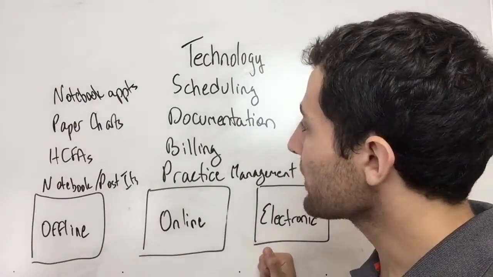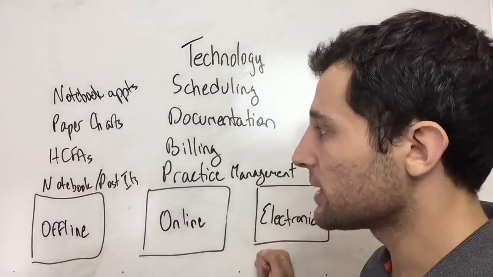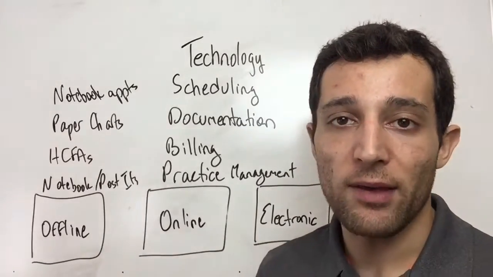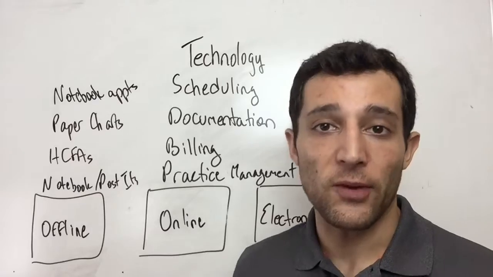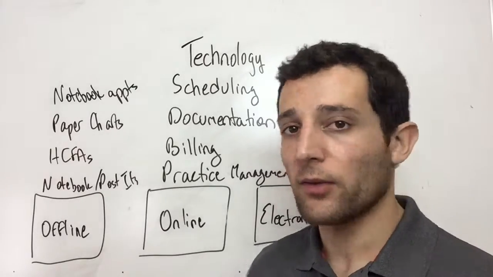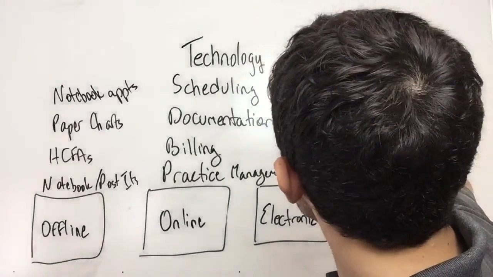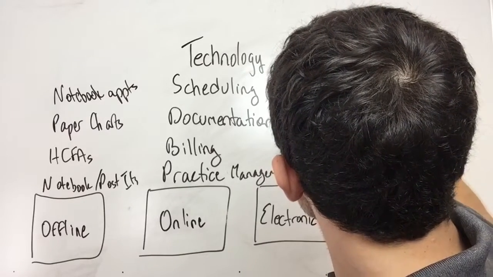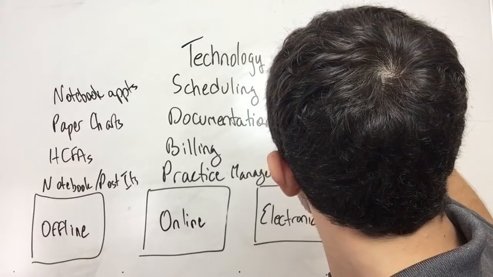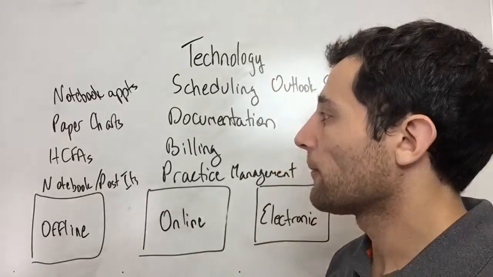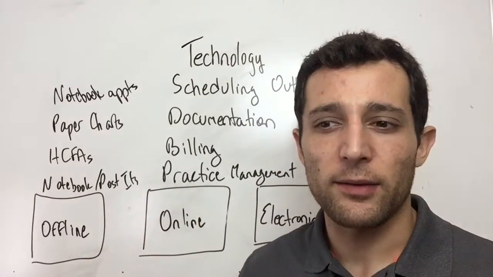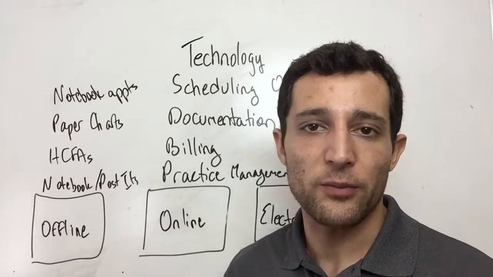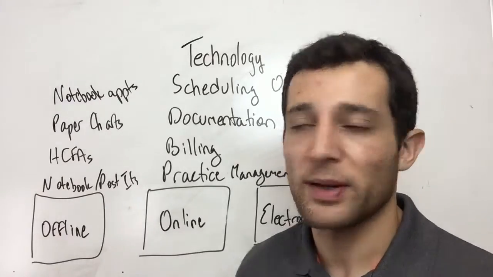We'll go to the electronic next. What the electronic age did was it actually created the ability to use different systems that excelled at different things, right? So you might have your Outlook for your schedule, or something like that, some kind of local program on your computer that manages the calendar for everybody in the office.